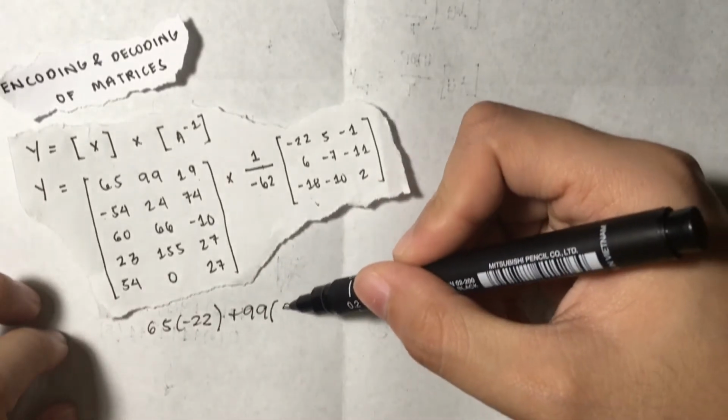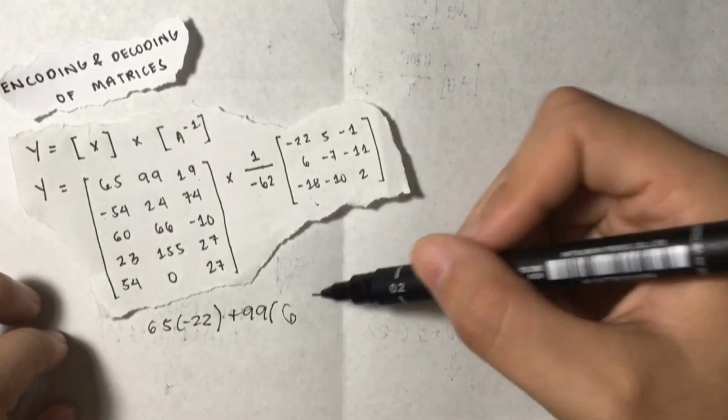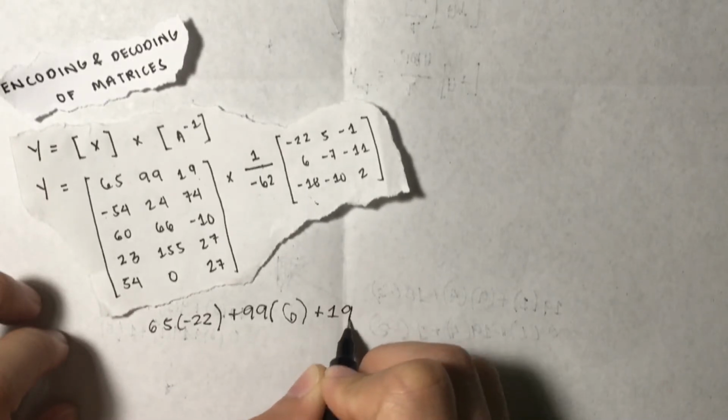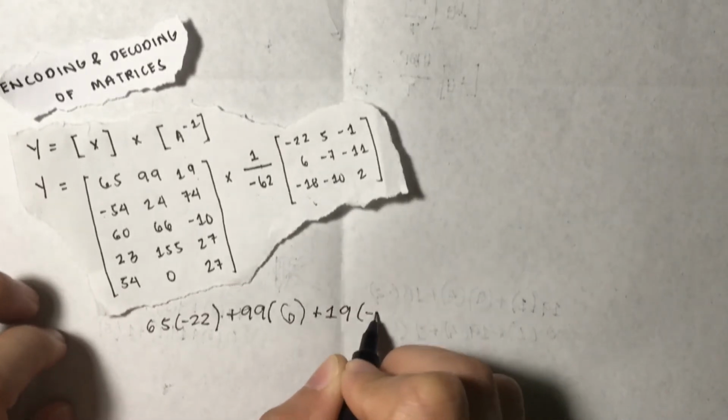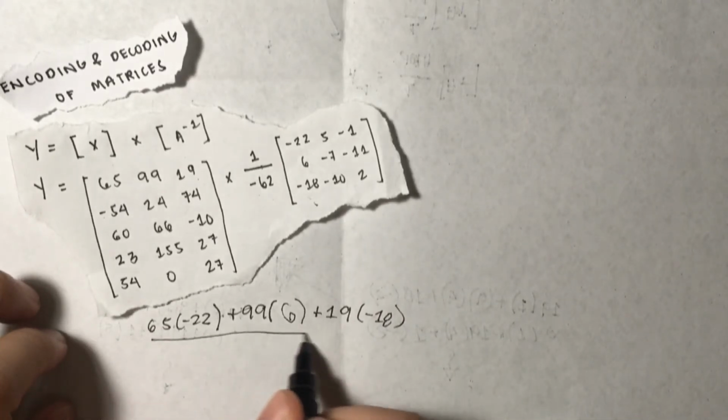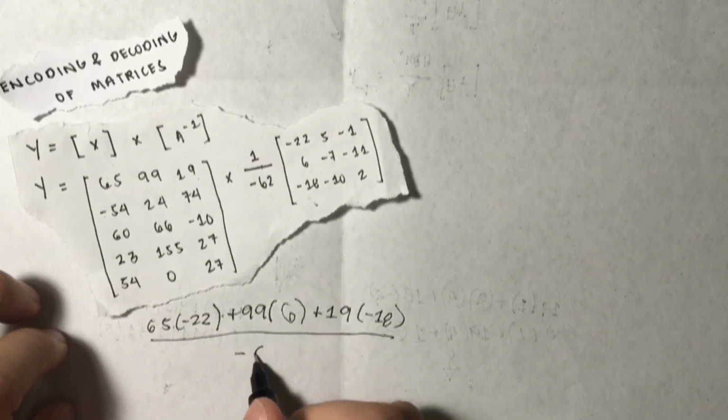So we started with the first row and the first column: 65 multiplied by negative 22, plus 99 multiplied by 6, plus 19 multiplied by negative 18, all over negative 62.